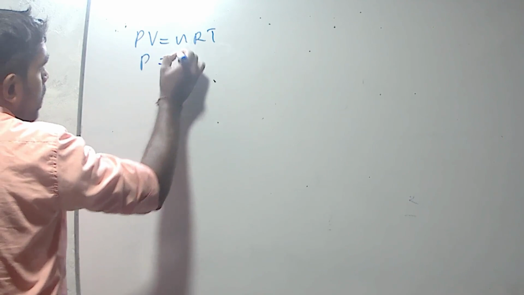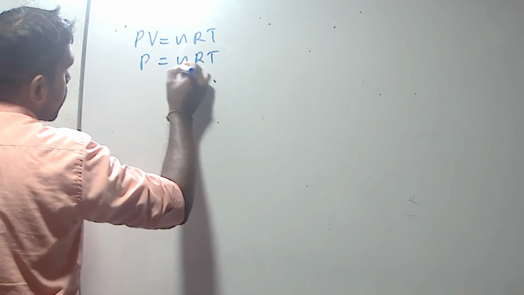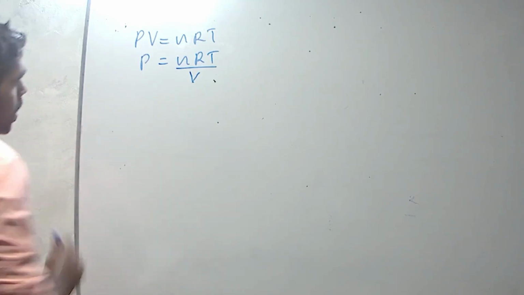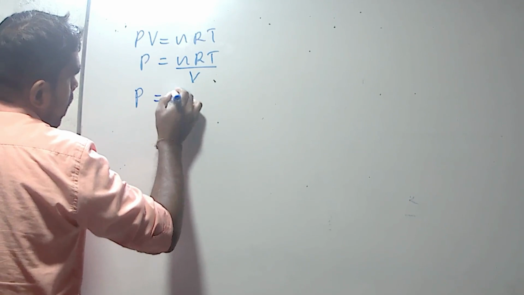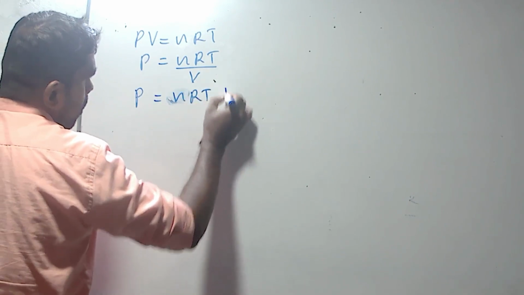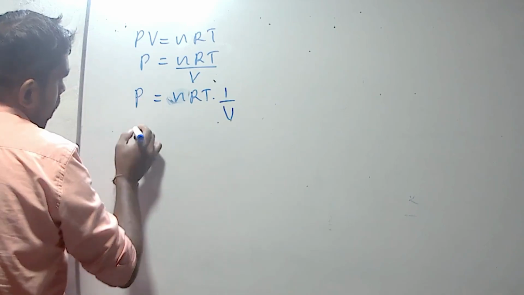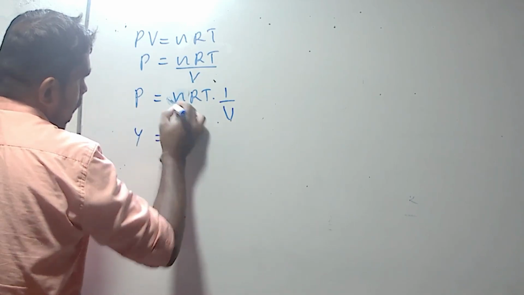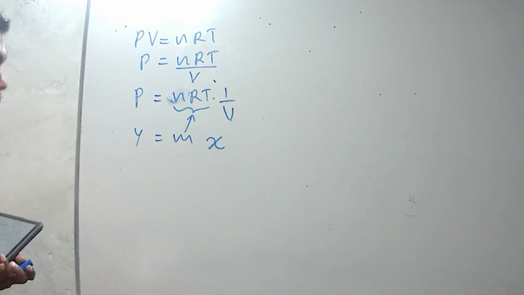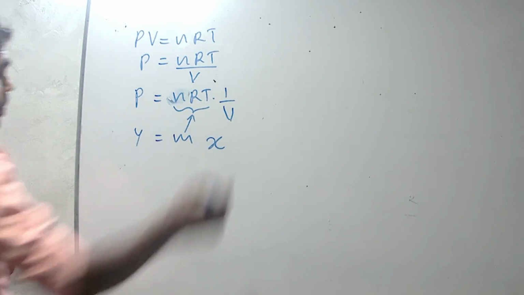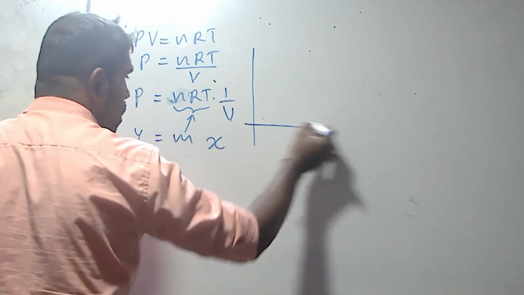Then P equals nRT over V. Now it is in the form y equals mx plus C. Gradient is this one, mx. It is in the form y equals mx. Therefore, it should be like this.